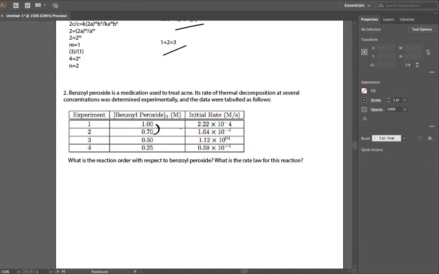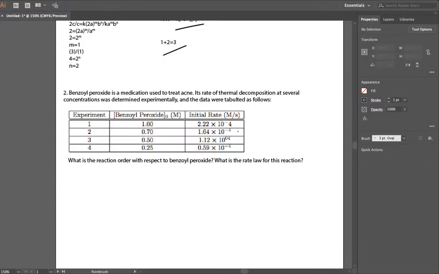This method would be very easy for you to do. So let's open our scientific calculator and first check what 1.64 times 10 to the negative 4 divided by 2.22 is. So 1.64 divided by 2.22.